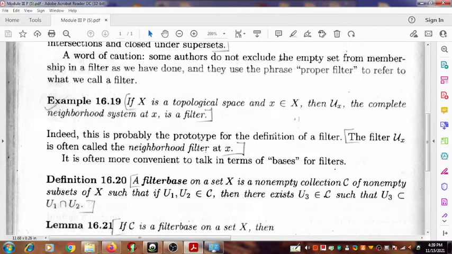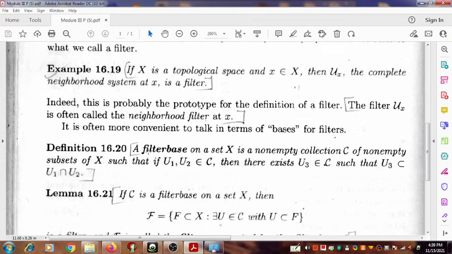So the filter produced by U_x is often called the neighborhood filter at the point x.